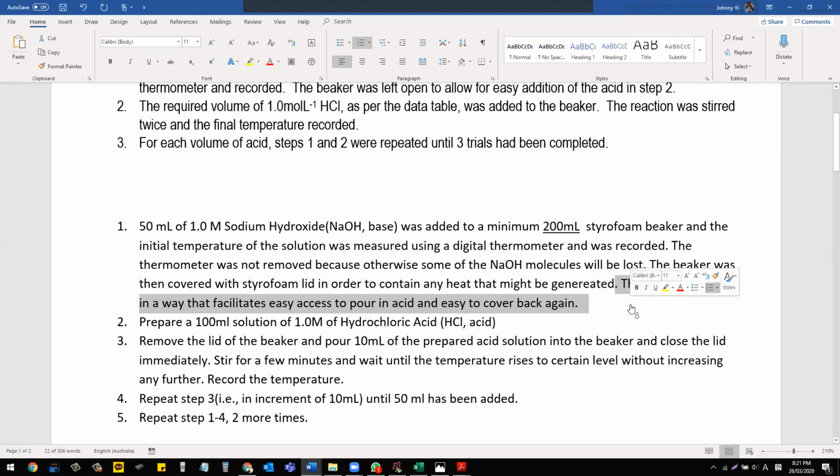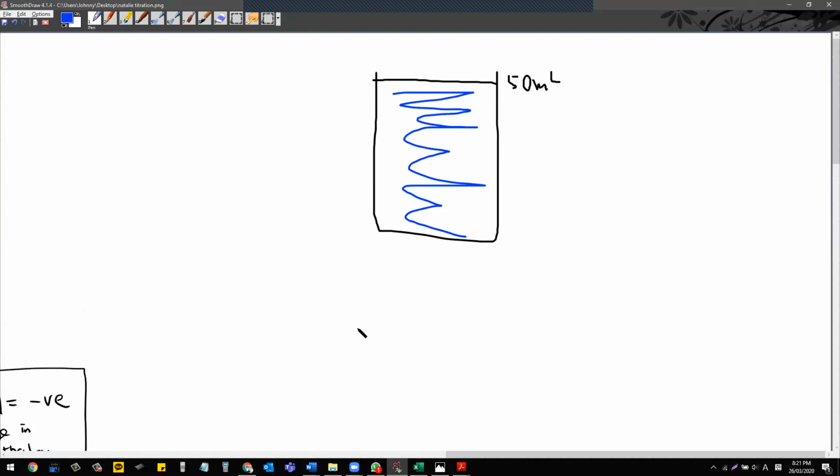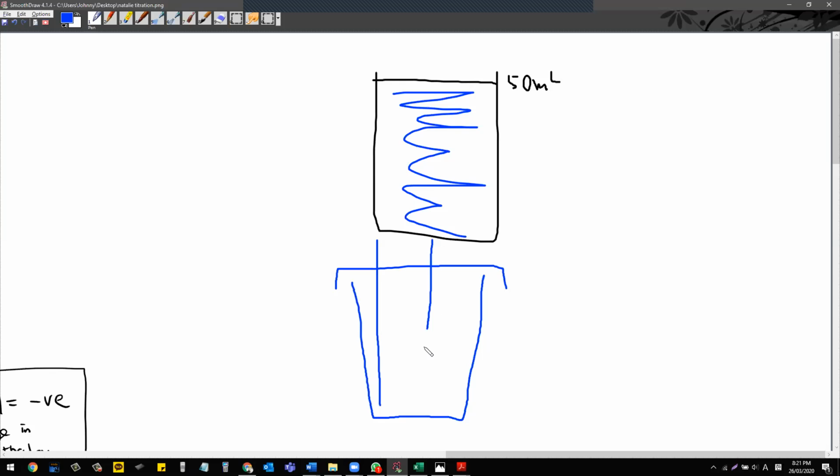You can just fix the grammar later. I just wrote something that came to my mind. What I mean by that is you prepare a styrofoam cup in order to keep the heat in, and you prepare a lid, and you have this thermometer that's stuck in, and you also have your stirring rod.